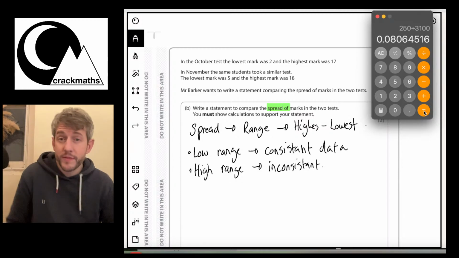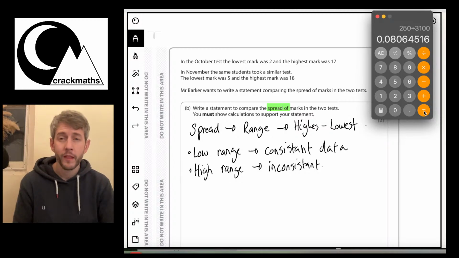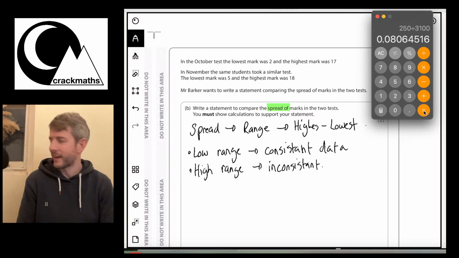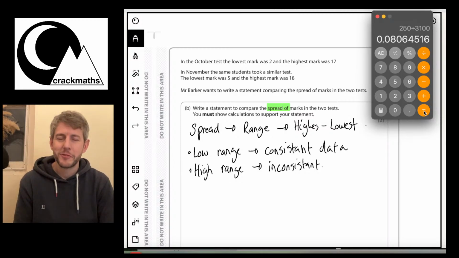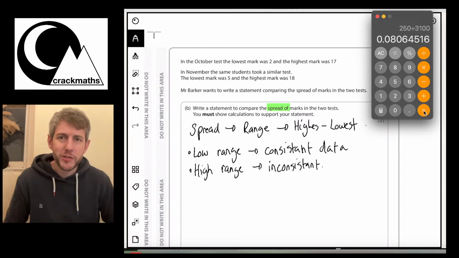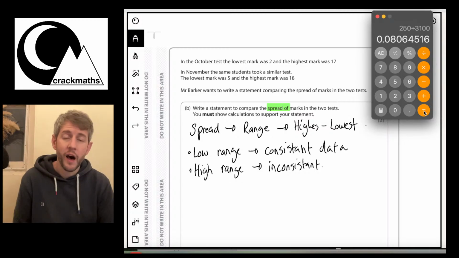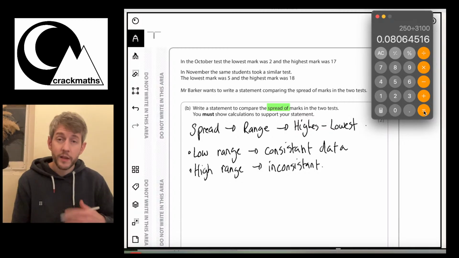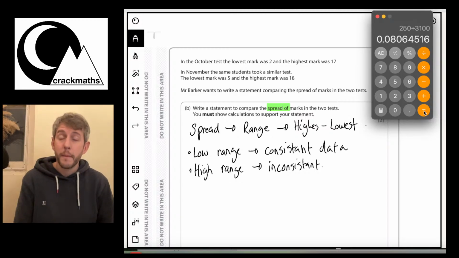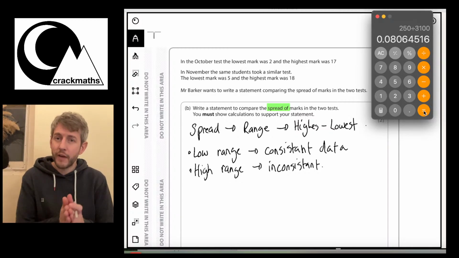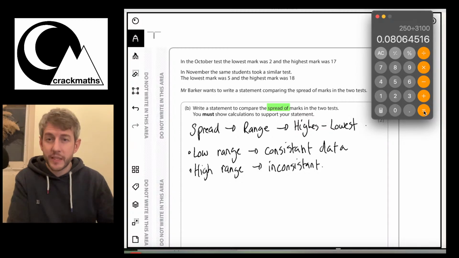Okay, so for example, let's say somebody took a test, and they got a high range, that would mean sometimes they'd scored a lot of high marks and other times they'd scored a lot of low marks. But if they had a low range, that would mean every single time they got roughly the same score.